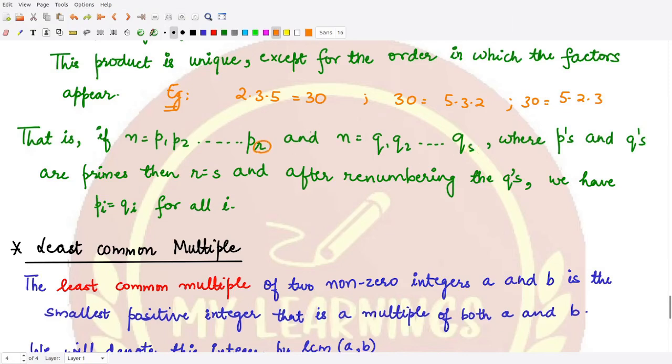Here in the given example, we are taking first, second and third prime, and here also we are taking first, second and third prime. So basically the number of primes that we are taking is the same, so r is equal to s. And after renumbering the q's, that means after reshuffling them, you will again get pi is equal to qi, because the primes are basically the same. We have 2 everywhere, we have 3 everywhere, and we have 5 everywhere. So this is what this theorem says, right?